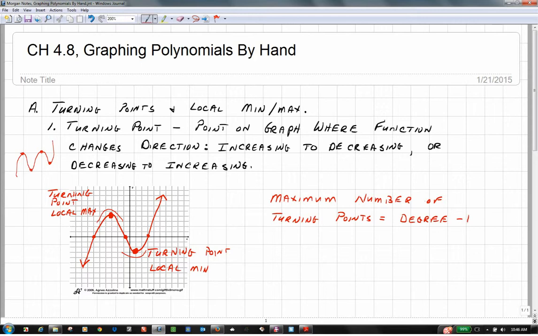One thing about these turning points is that the most I could ever have is equal to the degree of the polynomial minus 1. So if I had, say, an x to the 6th, a degree 6 polynomial, I could have a maximum of 5 turning points.